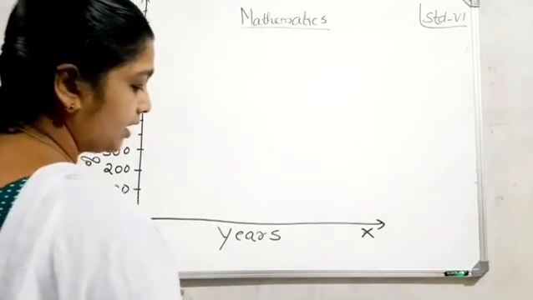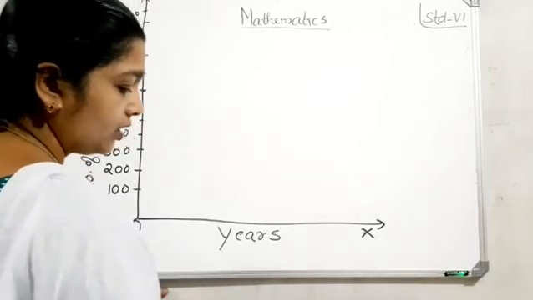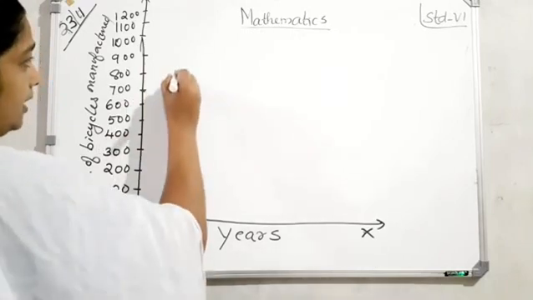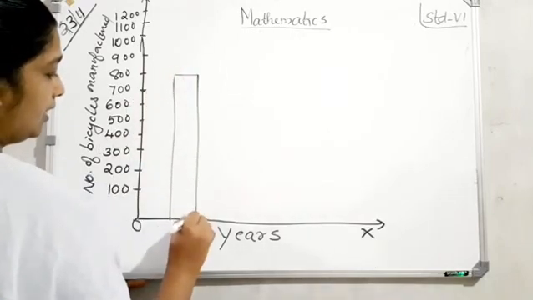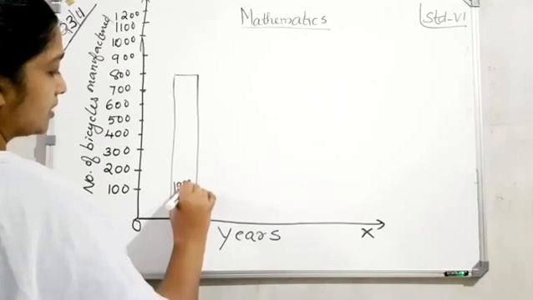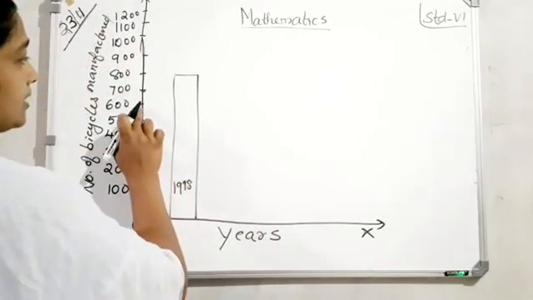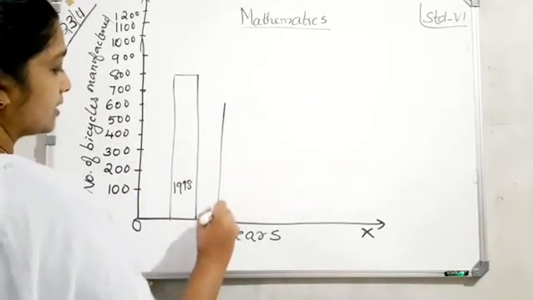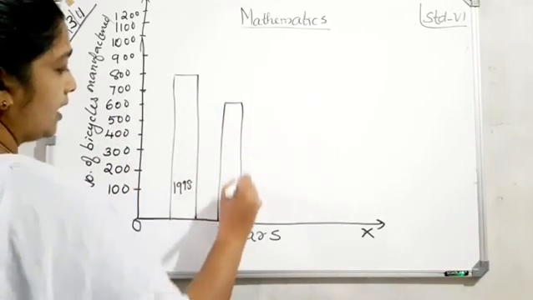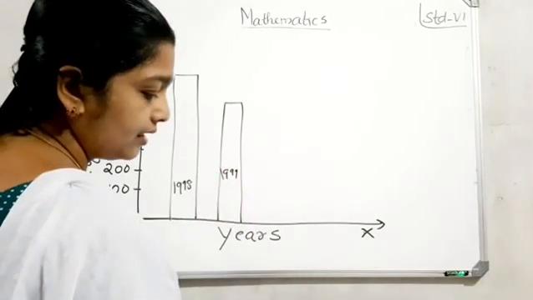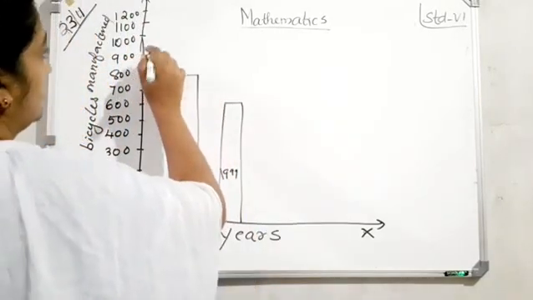First 1998, 800, where 800 is here. Then second one, 1999, 600. We select 600 here, that is 1999. Next 900, here.